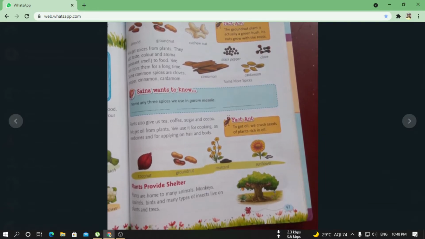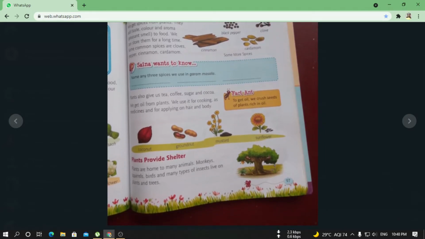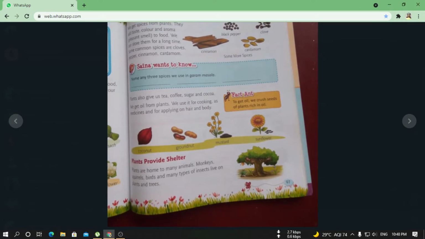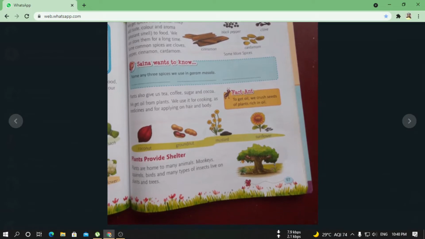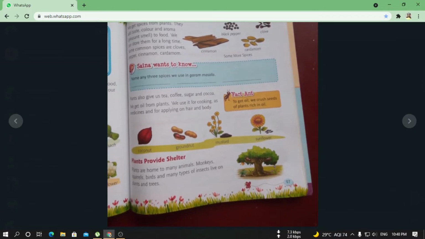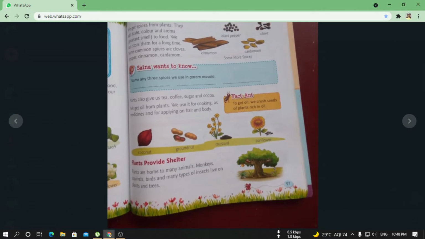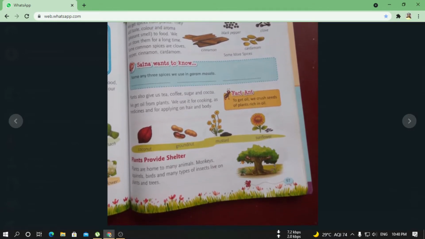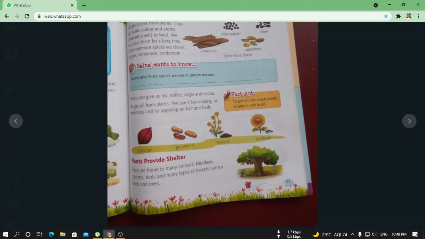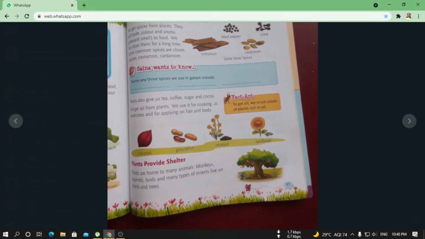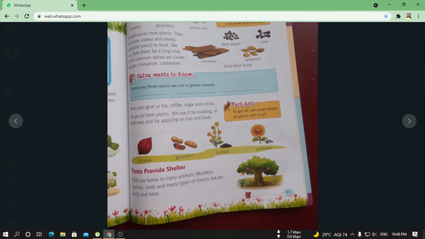Now you can see there are some nuts and seeds like coconut, groundnut, mustard and sunflower. From these we also get oil from plants. From coconut we get oil, from groundnut we get oil, from mustard we get oil, and from sunflower we also get oil.